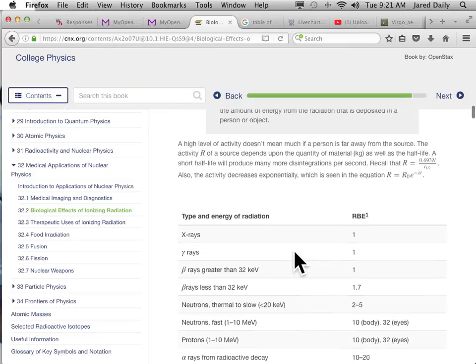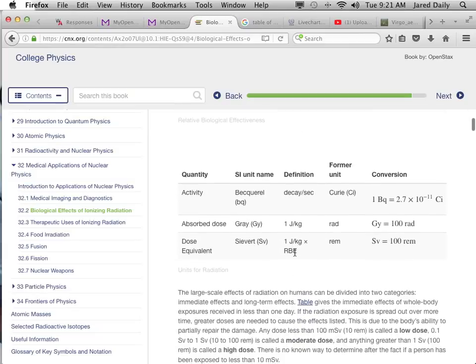And there are other things that are used all the time when talking about this. The becquerel is 1 decay per second, and the Curie is 2.7 times 10 to the 10 becquerels.